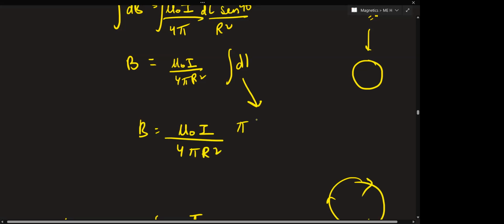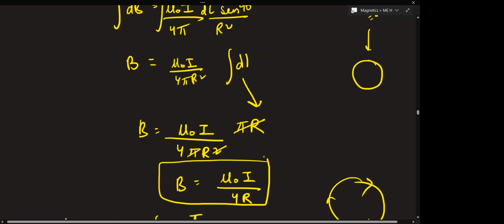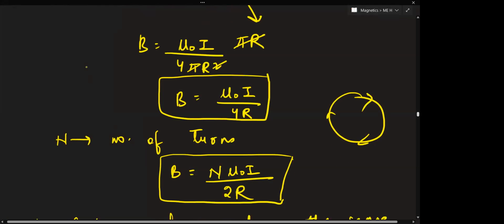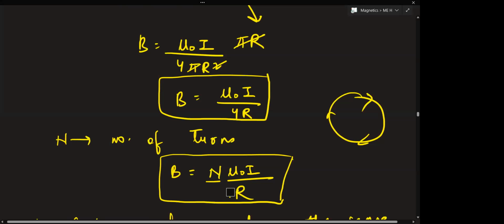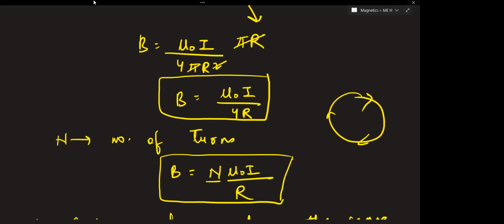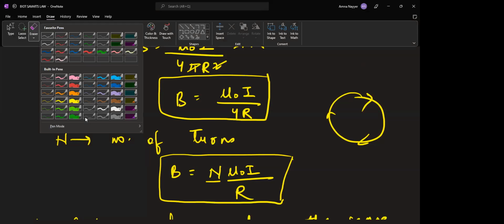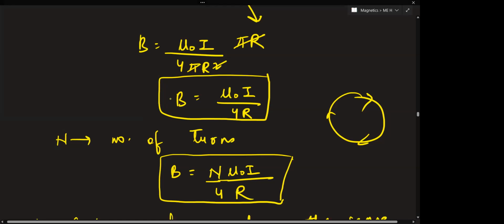Here you just have pi r, so pi cancels and one r gets cancelled. The formula of magnetic field for a semicircle is mu naught I by 4r. Even if n is the number of turns, instead of 2r, it becomes 4r for a semicircle. Fine, so note down this.